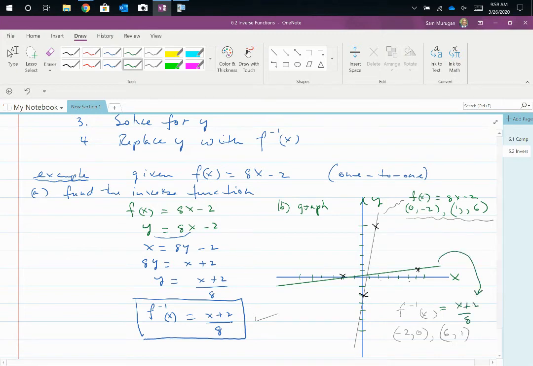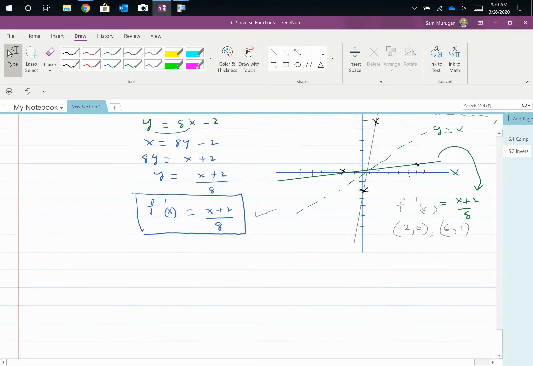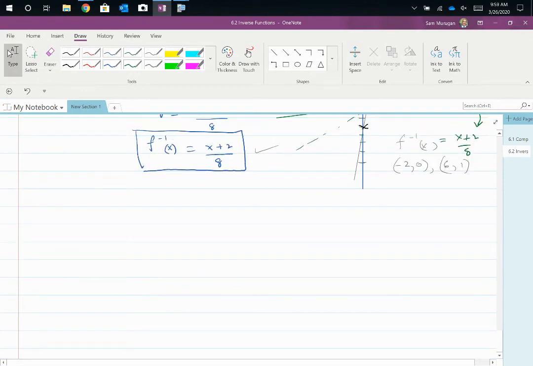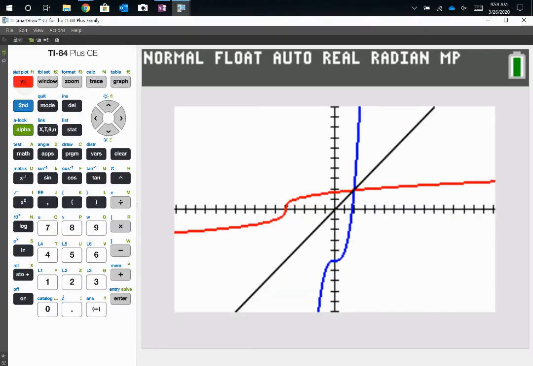Right there. And you know that if we put a line through the middle, y is equal to x, you can see the symmetry of that. I'm also going to graph this with a calculator so you can see it, and put the graph into the notes here.